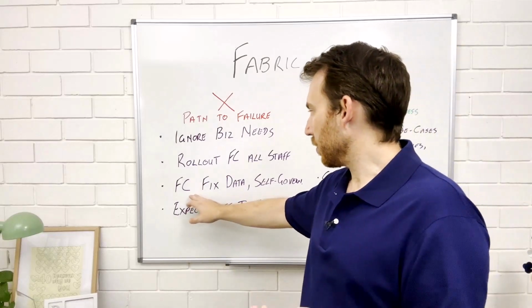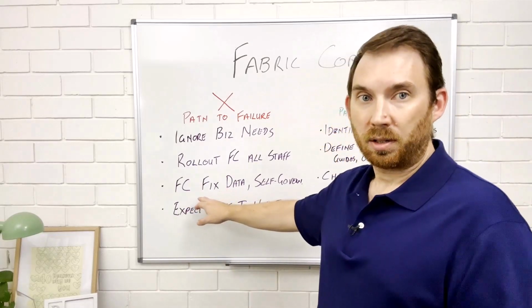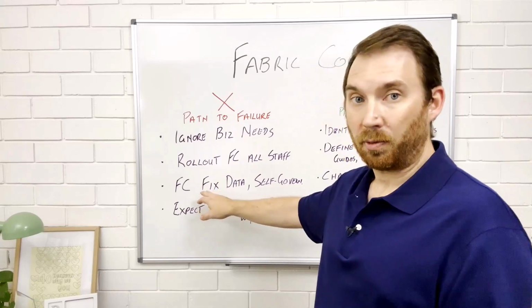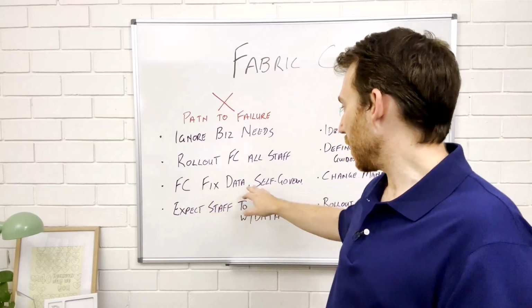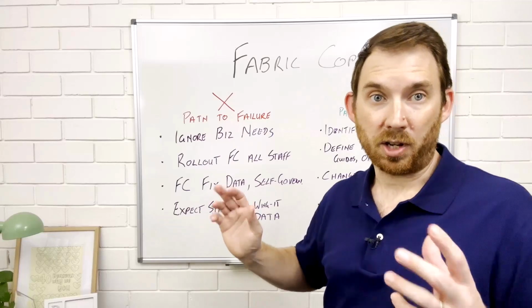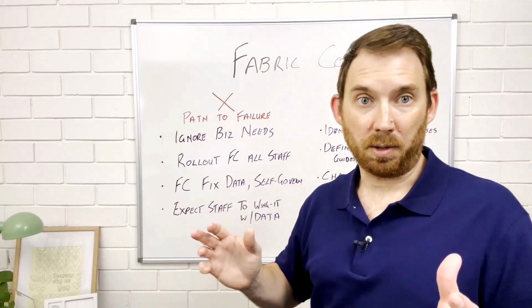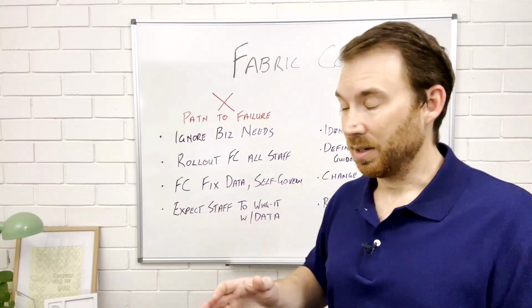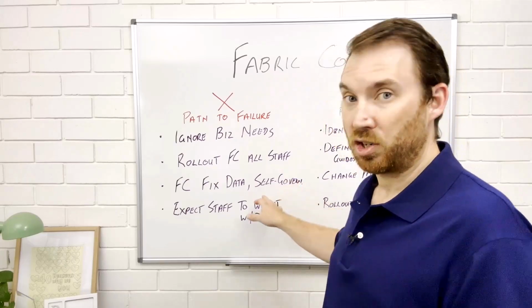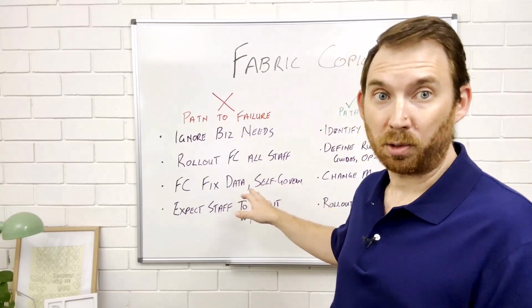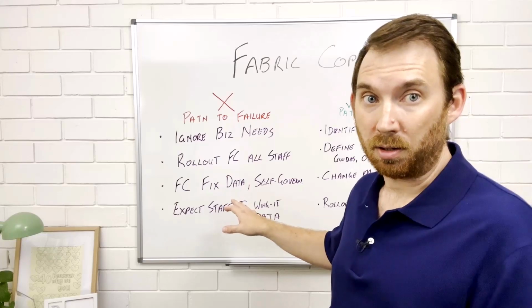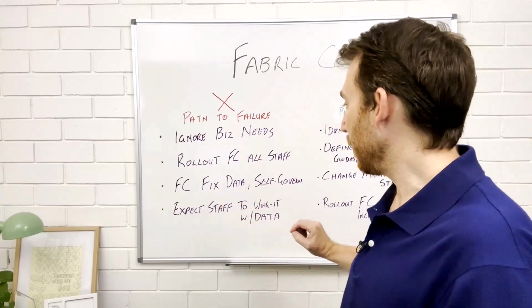Then there's assuming Fabric Copilot will fix the data and self-govern. It doesn't do that, obviously. If you have the impression that it's going to magically solve all these things for you, then you're certainly setting yourself up for failure.